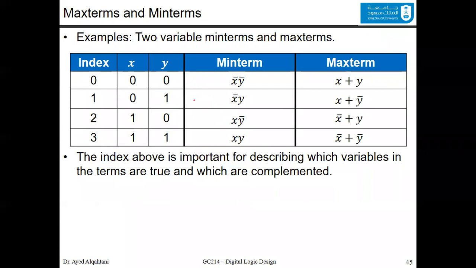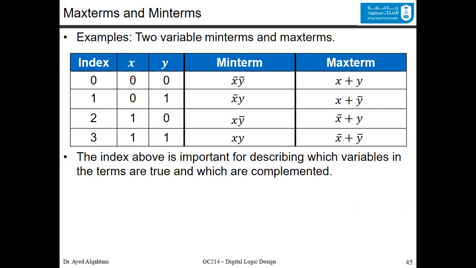To put them in a table, if you have 2 variables, x and y, we say that the first row index is 0, the second is 1, the third is 2, and the last one is 3. Those are the indices. So we have 4 rows, indexed from 0 to 3.